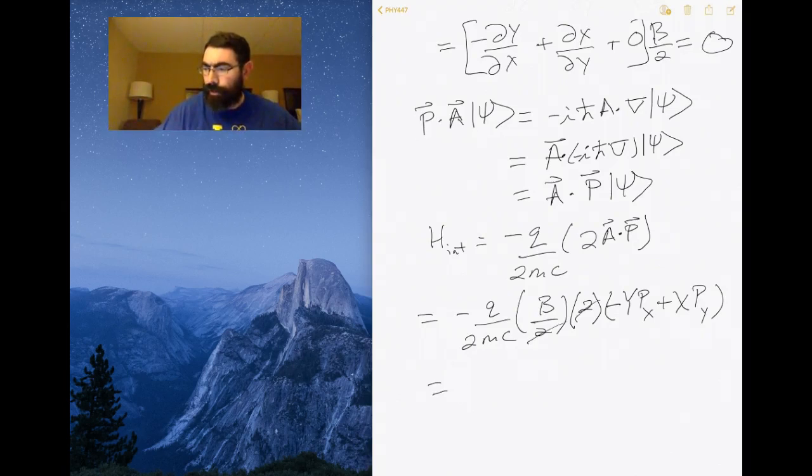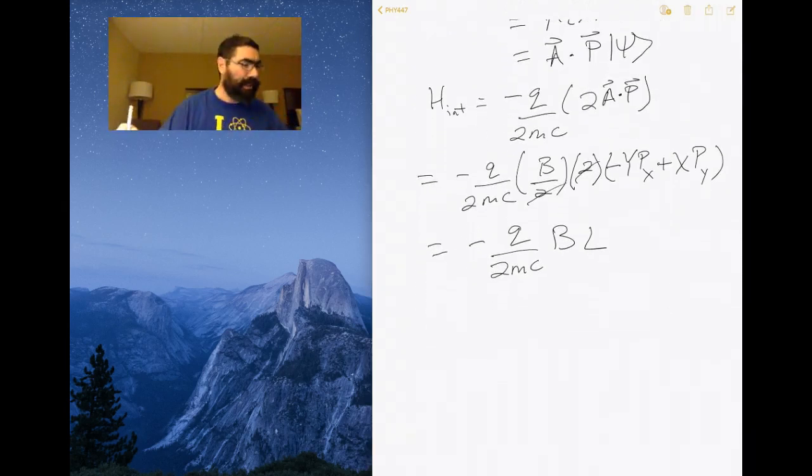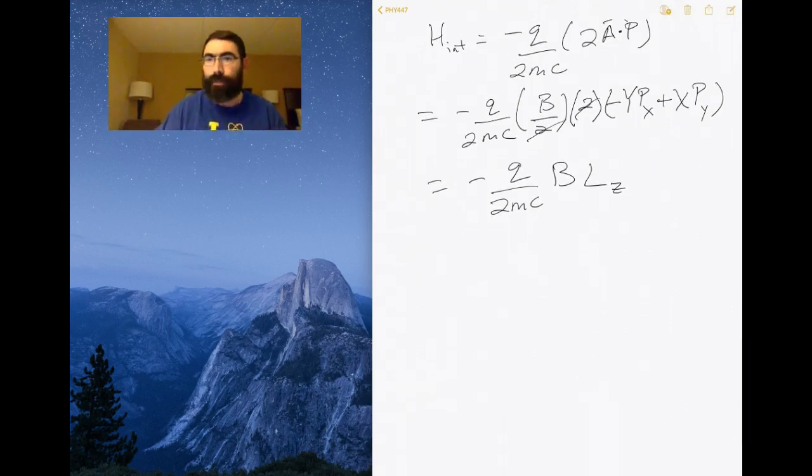So the 2's cancel away, and we get minus q over 2mc B times L, the angular momentum operator. In this case, it's actually in the z direction, but we could expand this into all three dimensions by writing down minus q over 2mc L dotted into B.